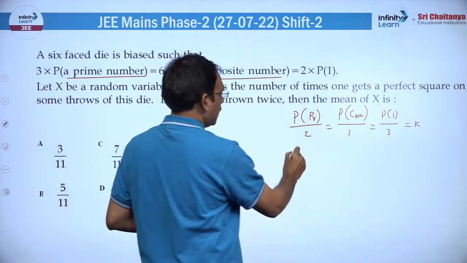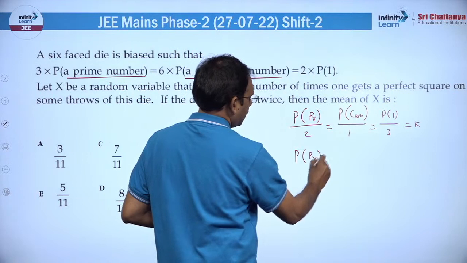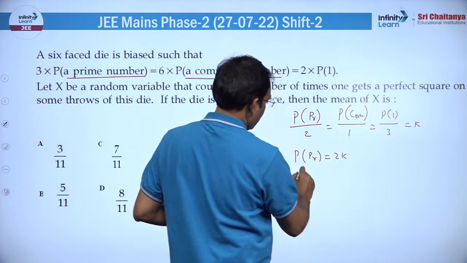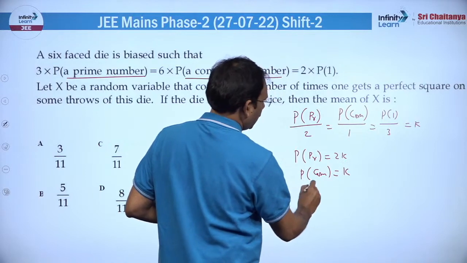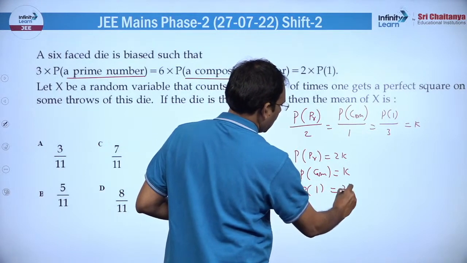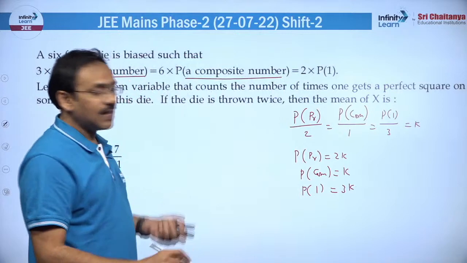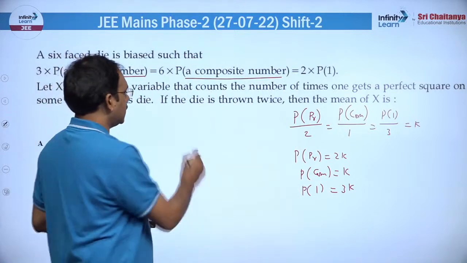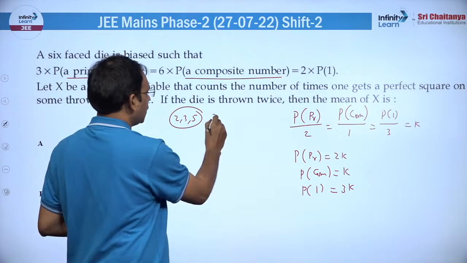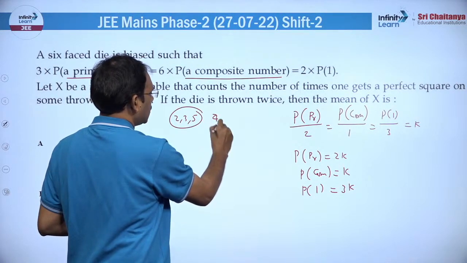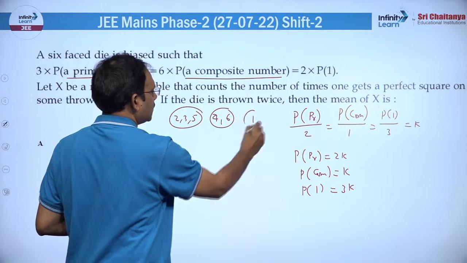So I can say probability of getting prime is 2k, any composite number is k, probability of getting 1 is 3k. Now when a die is thrown, prime numbers, in the sense 2, 3, 5, there are 3 such possibilities, composite numbers means 4, 6, 2 such possibilities, and 1 is 1.